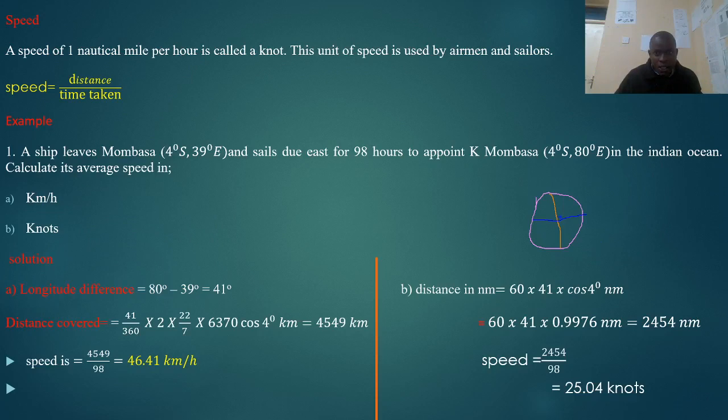Then I'm told 4 degrees south. This is 4 degrees to the south, and I also have 39 degrees to the east.